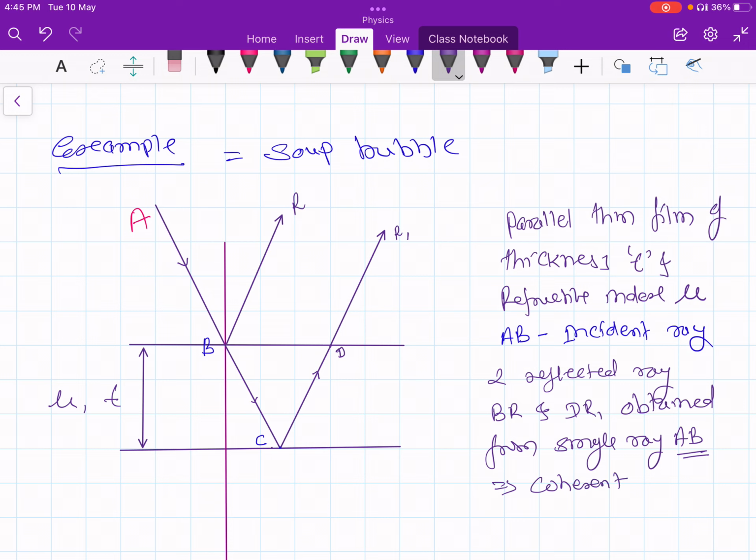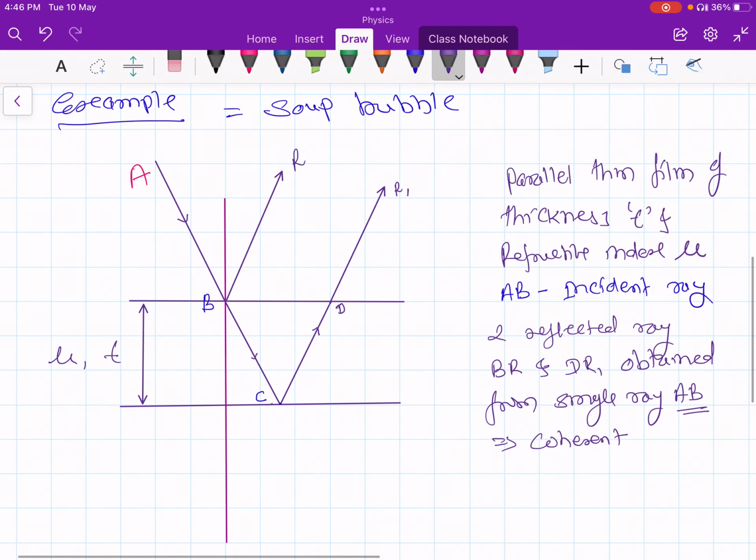How did we get these two rays BR and DR1? By partial reflection and refraction. Since we got them by partial reflection and refraction, we are dividing the amplitude and we got the two rays. So BR and DR1 are coherent rays.